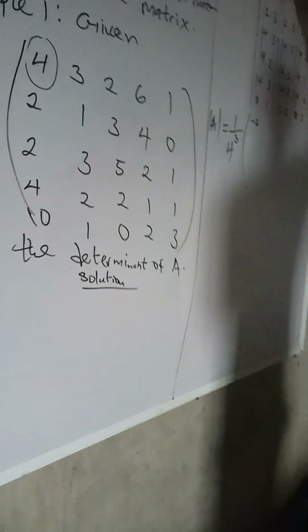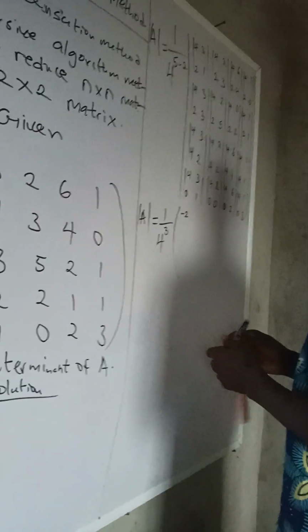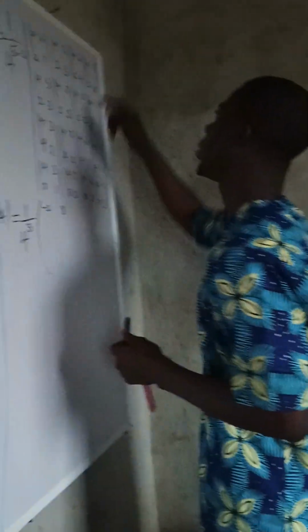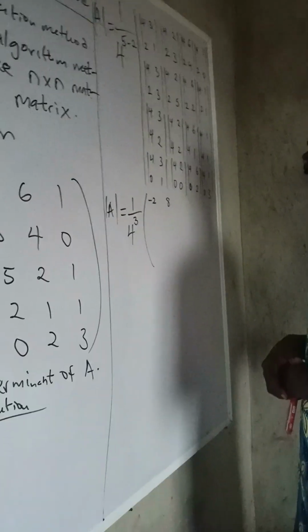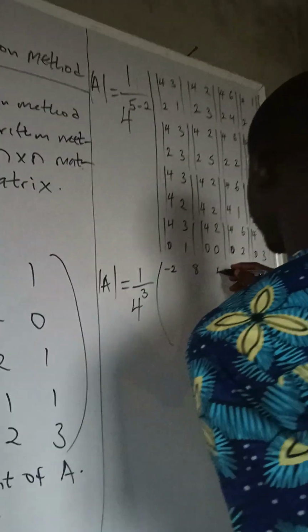The next one, we have 4 times 3. That's 12 minus 2 times 2. That's 12 minus 4. You have 8. Next one, we have 4 times 4, which is 16, minus 6 times 2. That's 16 minus 12. And that's going to give us 4.